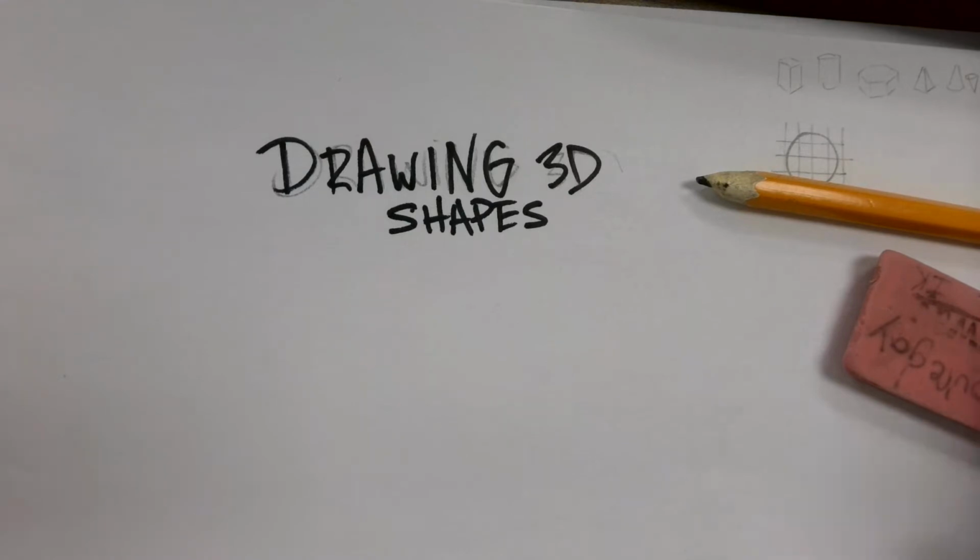So let's go into the very basic things first. 3D shapes. Now, 3D means things are coming closer to you and getting further away. We're kind of creating the illusion of that.